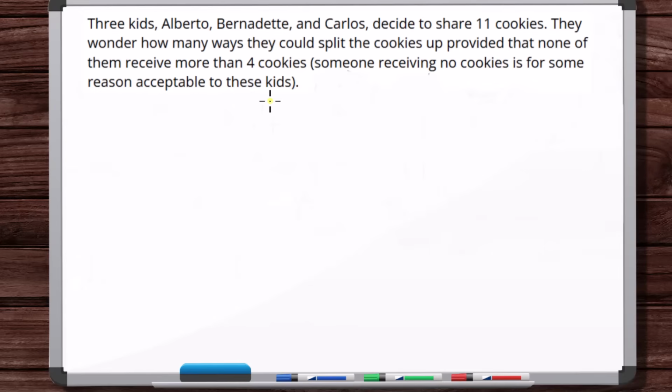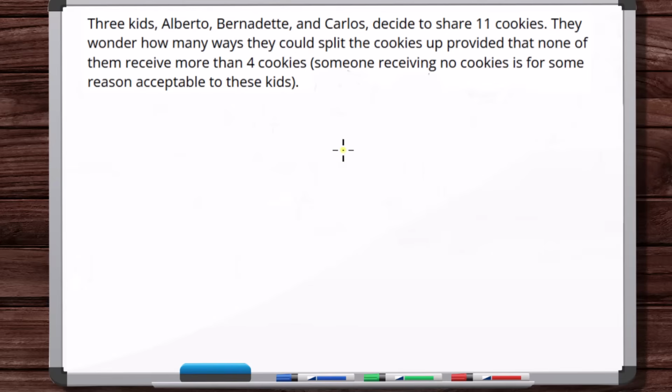Okay, well, how do we deal with the upper limit in this case? Well, what we're going to do is calculate the total number of outcomes with no restriction, so a kid can have 0 cookies, that's fine. Alberto could get all 11 cookies, Bernadette could get all 11, etc. Well, then that's just the combinations with repetition.